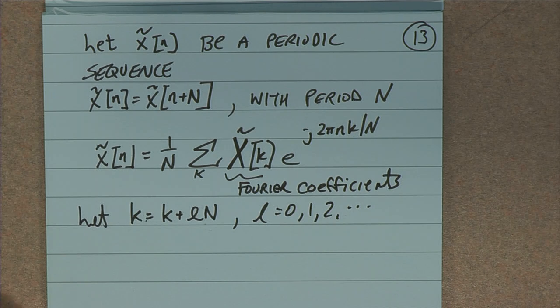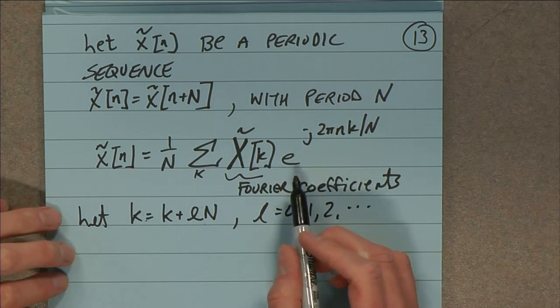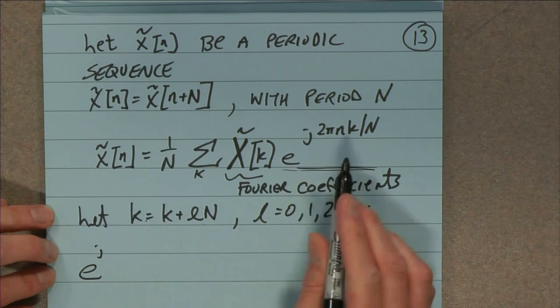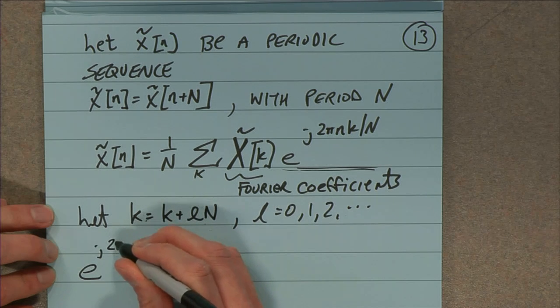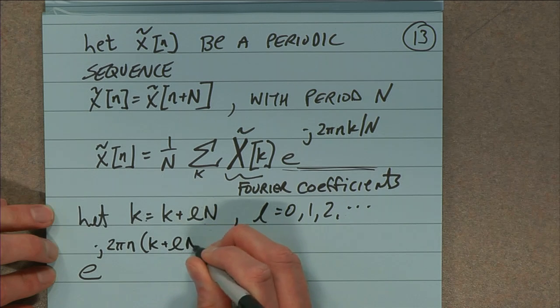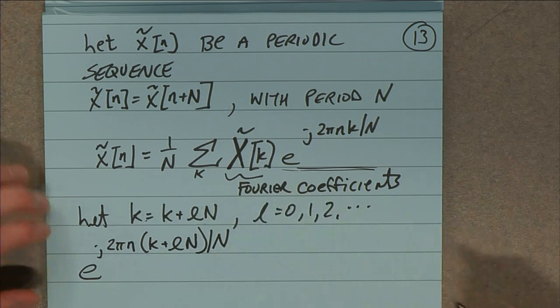We're doing that just to see how many k's it takes to represent the signal. So let's go back and look at this kernel under that constraint, where we have 2 pi n times k plus L cap N, all divided by N.